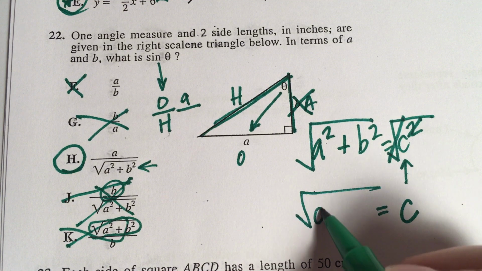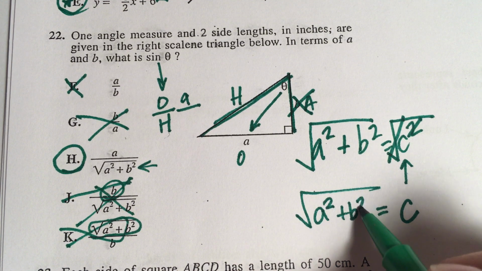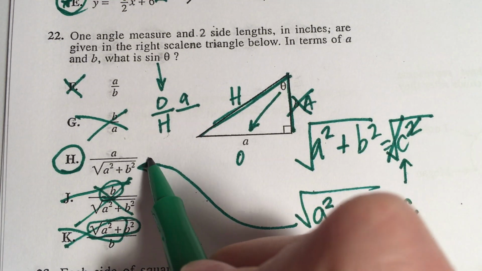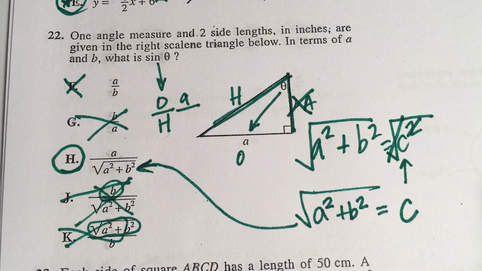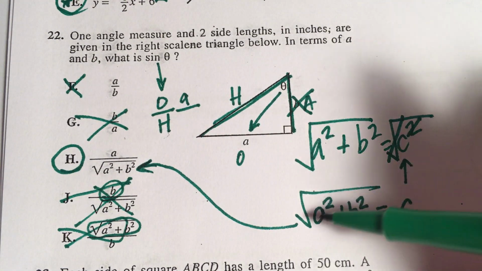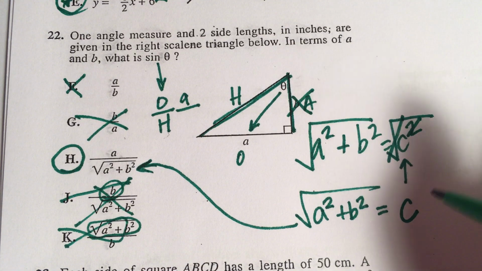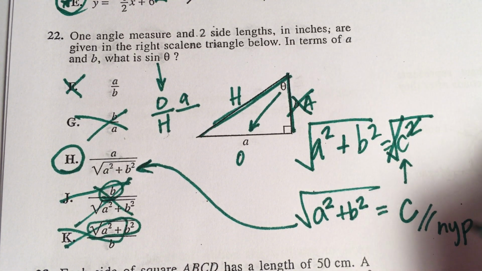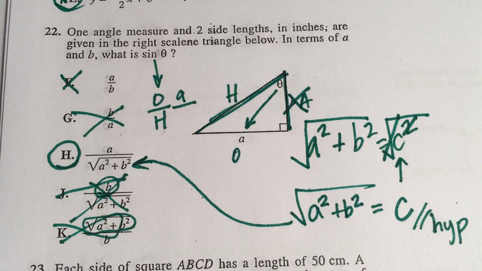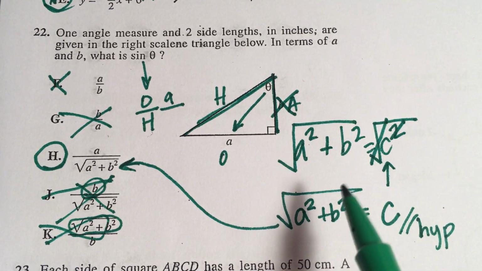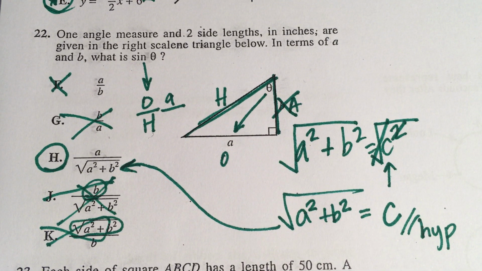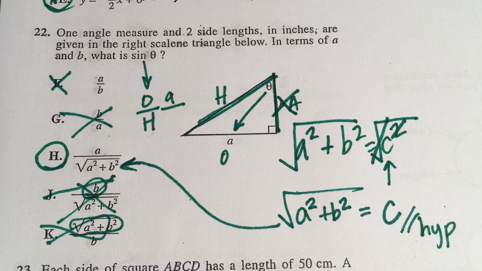Since we don't have any numbers, we just have to rewrite it. So anytime we see the square root of a squared plus b squared, we know they're talking about the hypotenuse of the triangle. That's why our answer is H. But we didn't even need it to solve it, so all good.